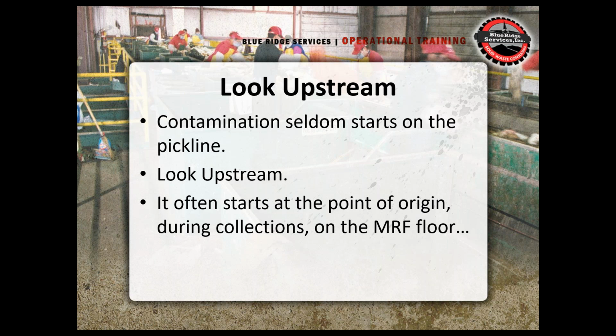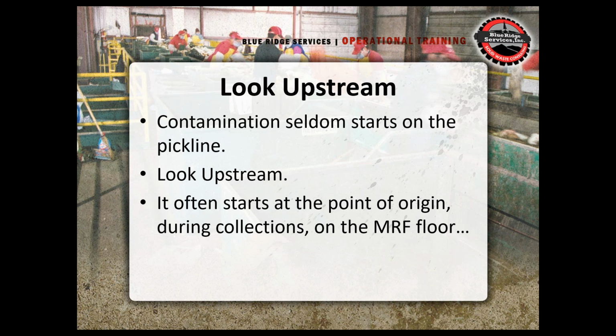So there's a smaller can for trash to try to force people to generate less trash. Problem is, they may choose the small can because it's cheap, but what do they do when that small trash can gets full because it's really not big enough for the trash they're generating? They end up putting marginal materials or even trash in the recycling bin. So there are things that we're doing upstream of the MRF that may be causing some of those problems.